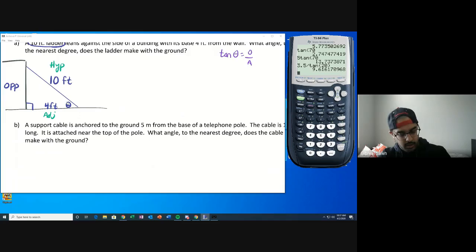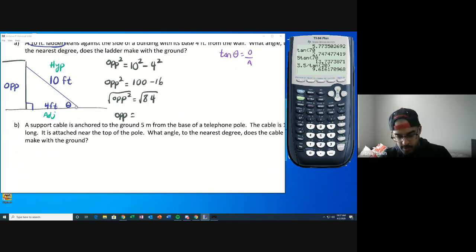So let's say that the opposite side squared is going to be equal to our hypotenuse squared minus our other side length, still squared. So the opposite side squared, that's going to be 100 minus 16. The opposite squared is going to be 84. When you square root both sides, your opposite side length, we're going to keep it as the exact value.